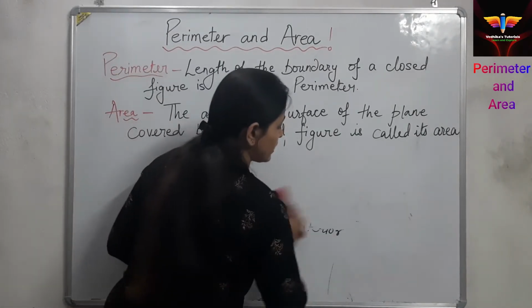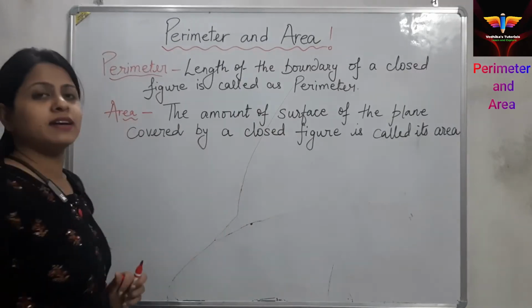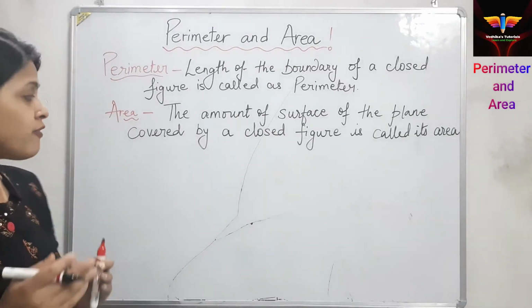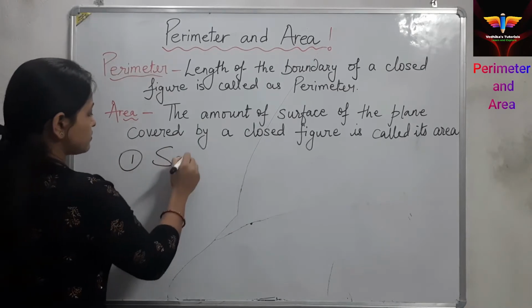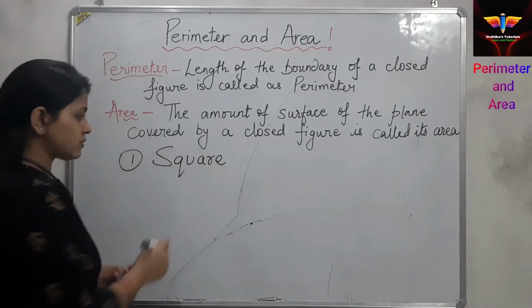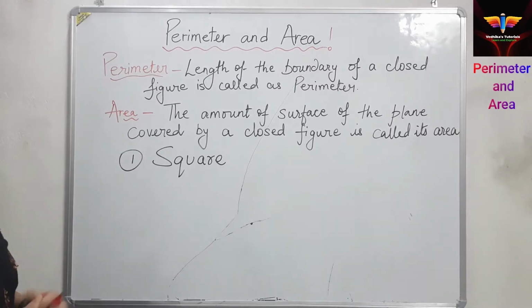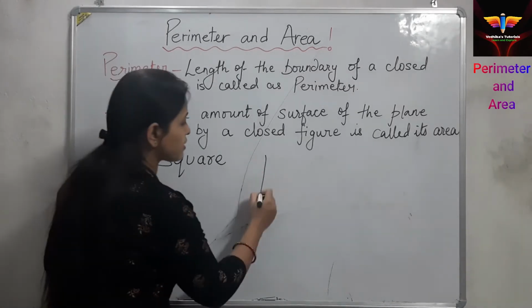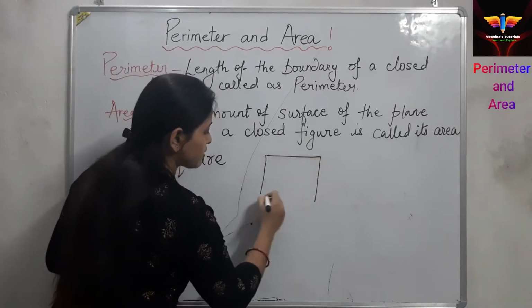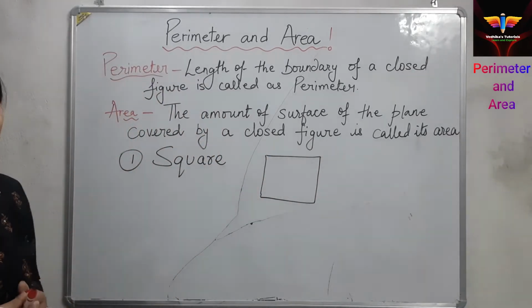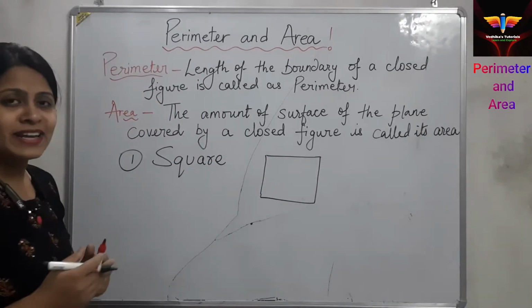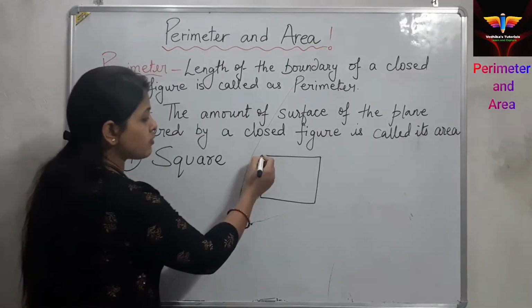Now let's talk about the perimeter and area of a square. Our first topic is a square. Okay, so this is a square. Now we need to find its perimeter. So to find the perimeter, what is the formula?